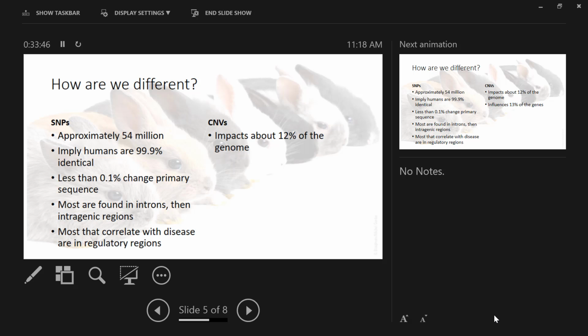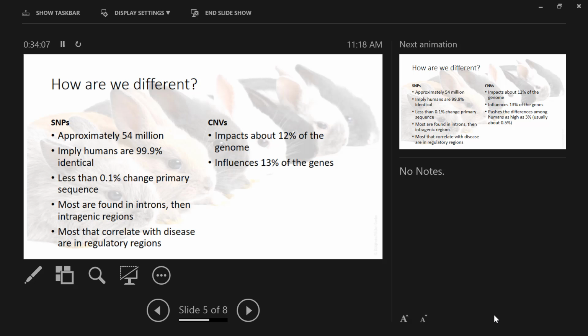Is that number right? 10% of 3 billion would be 30 million. Yeah, no, 10% would be 300 million. Oh my goodness, I was not right. Okay, so we're looking at like 350 million bases impacted by these copy number variants. It's a huge portion of the genome.